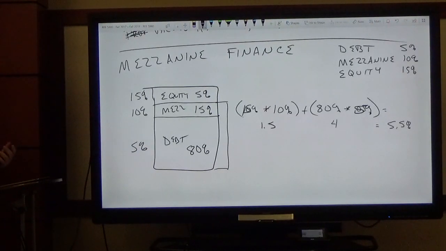Okay. Now, if we add in the equity piece to this, we would have basically 5% times 15%.